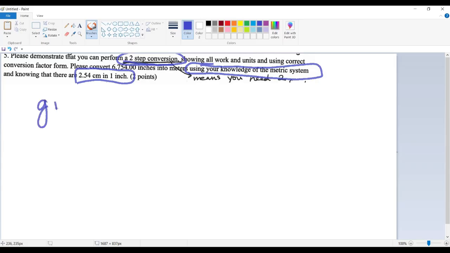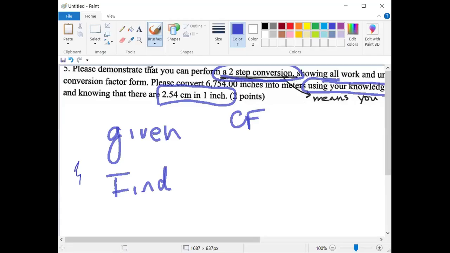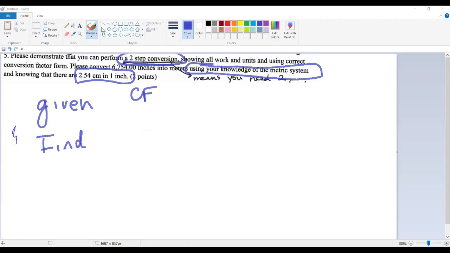So you have a lot of things you have to determine here. You have to determine first, what are you given? Then you want to determine what you need to find. And if part of those givens are conversion factors, you want to probably make a list of those. So let's make a list together.